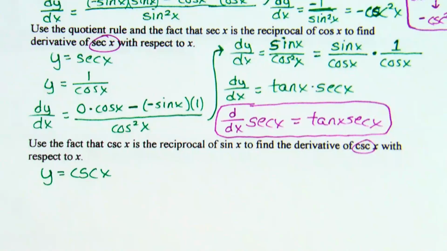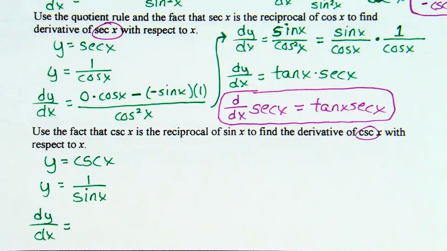Quotient rule one last time. Derivative of the numerator, 0, times the denominator, sine x. Quotient rule says minus. Derivative of the denominator. So derivative of sine is cosine x times the numerator of 1, as is, all over the denominator squared. Sine squared x.